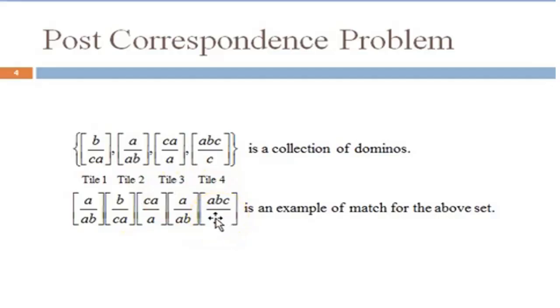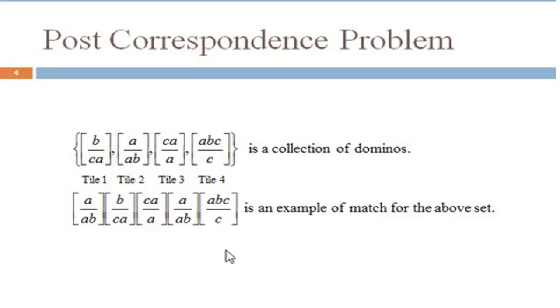Then the sequence formed from the top elements is A, B, C, A, B, C. And the sequence formed by the elements at the bottom of each tile is A, B, C, A, B and C. This is a sequence where the sequence on top and the sequence at the bottom match. Hence, we say that a solution is found.